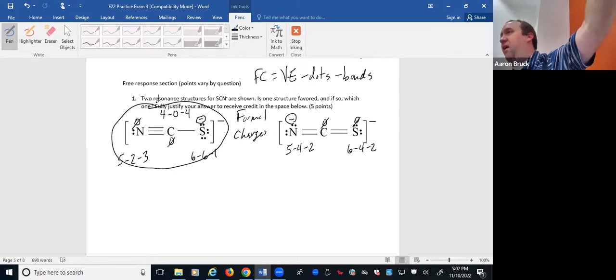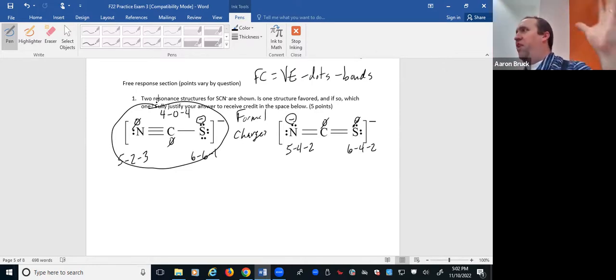In the case of an ion like this, I can't. I'm going to have a -1 somewhere because the whole thing is -1. But if I'm trying to figure out where that -1 goes, I have to look to electronegativity. Electronegativity is more often than not the deciding factor in that.